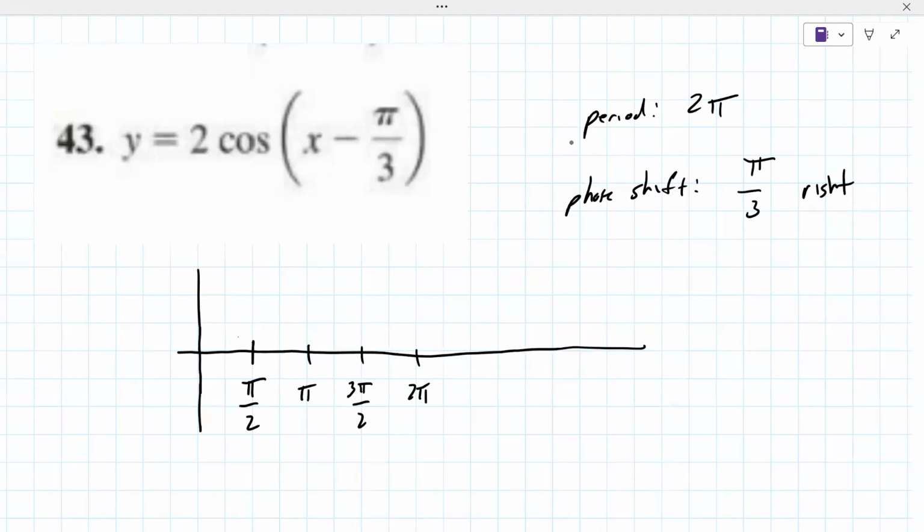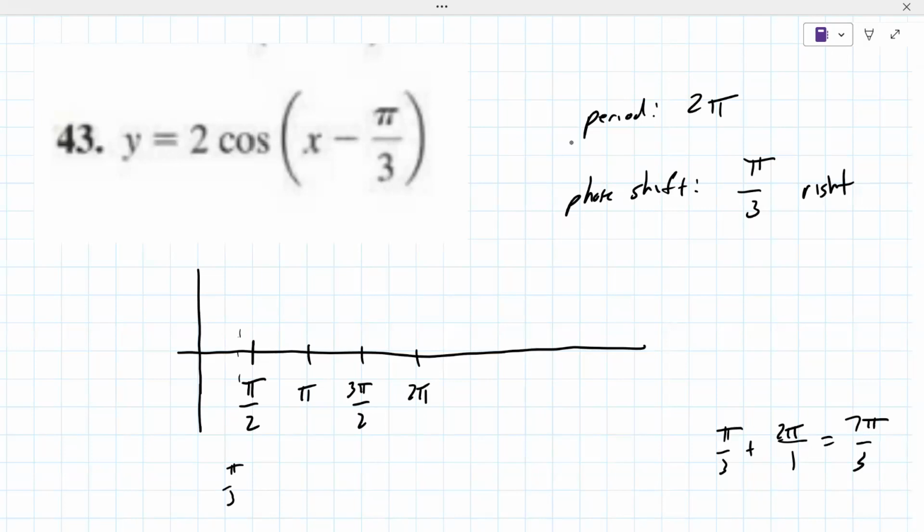So that's pi over 3. How far out do we go? Well, we add the period 2 pi. What does that become? 7 pi over 3.